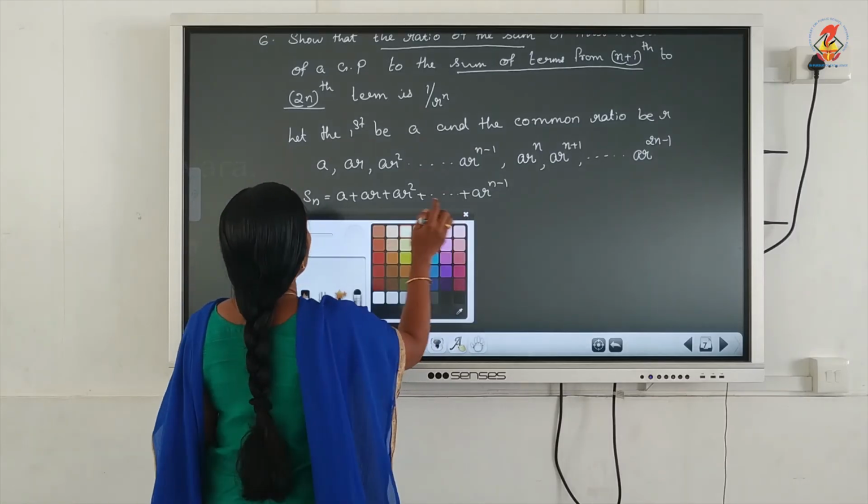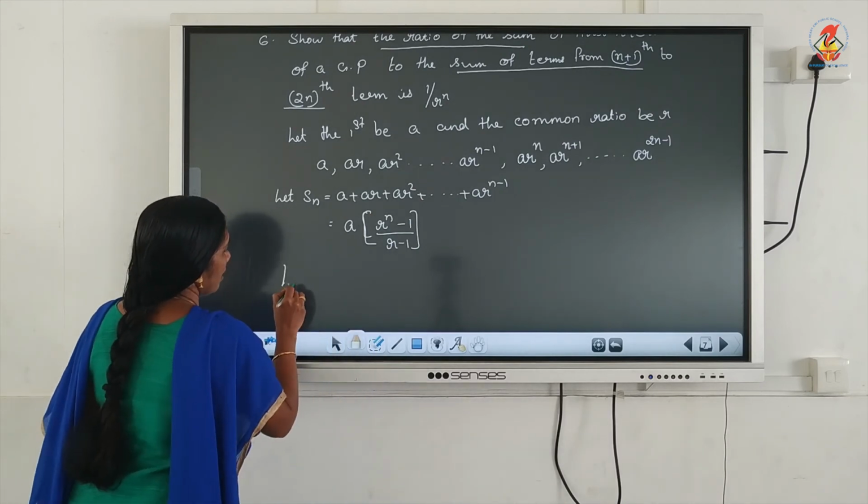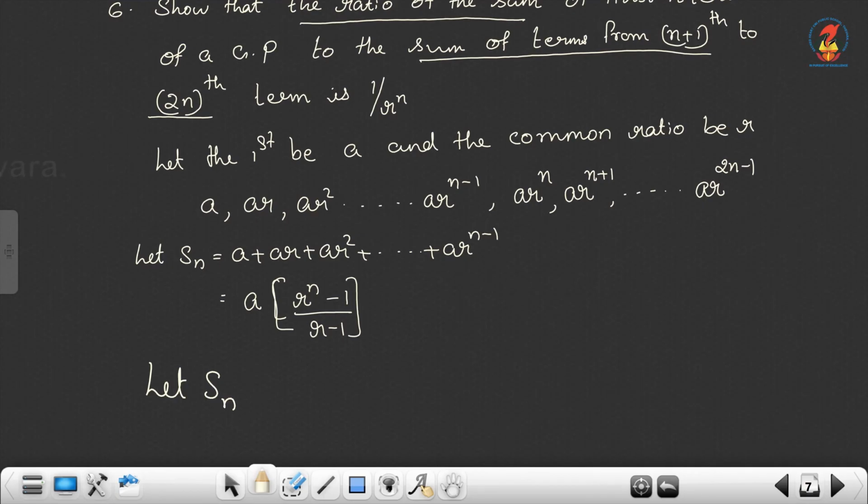So now for these terms, the sum. Let Sn dash, you can use any other notation, mean the sum of the terms from ar raised to n to ar raised to 2n minus 1, that is the n plus 1th to 2nth. How many terms are there?